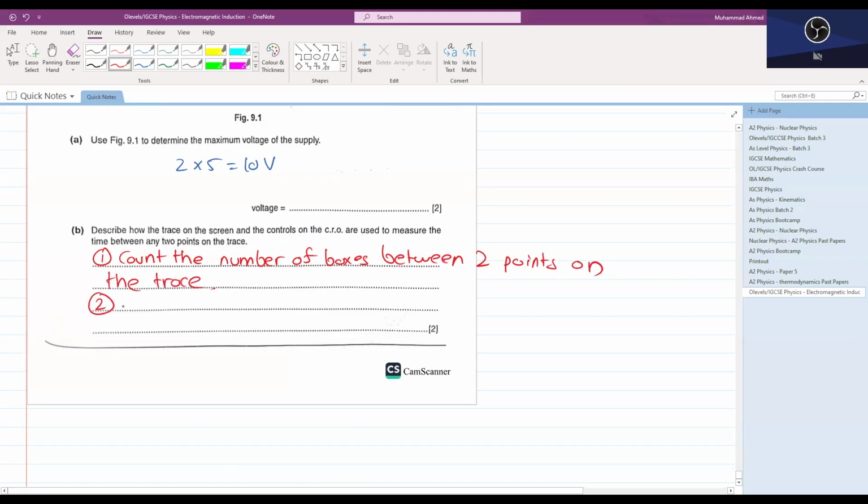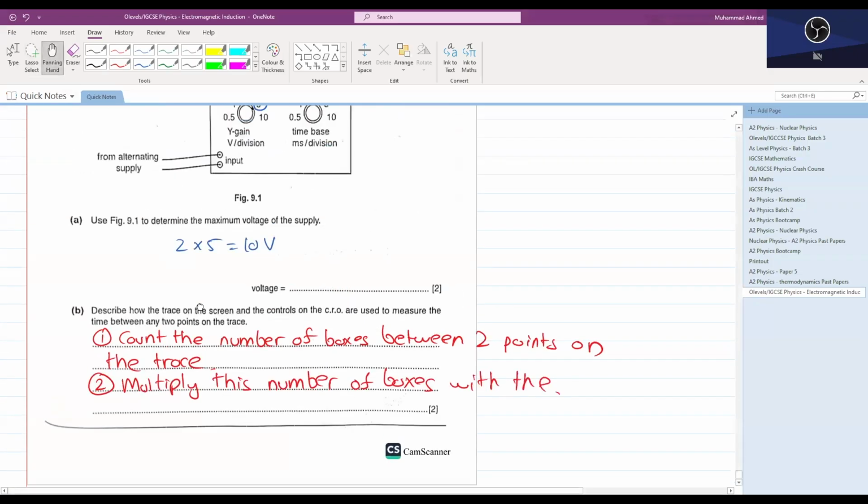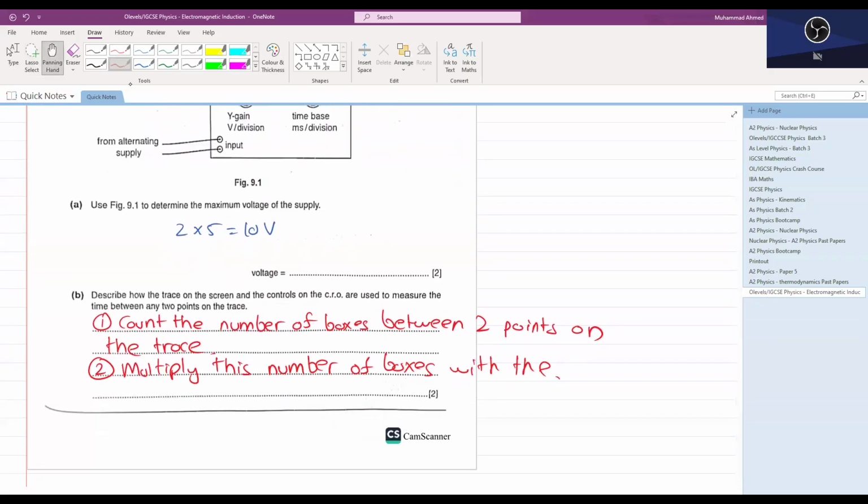Then multiply this number of boxes with the time base setting. Simple as that. Let's further move ahead.